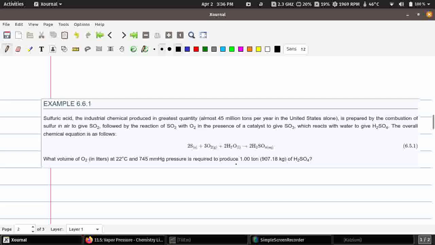Interestingly, this right here happens at coal plants, or it used to happen a lot more frequently because they didn't have a lot of the pollutant filters on their smokestacks at coal plants.